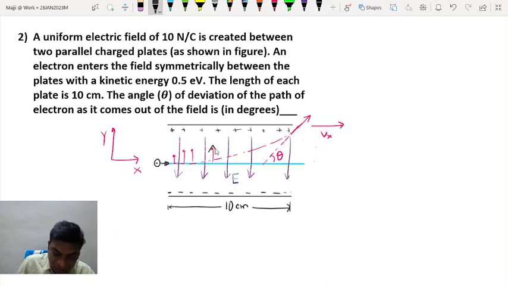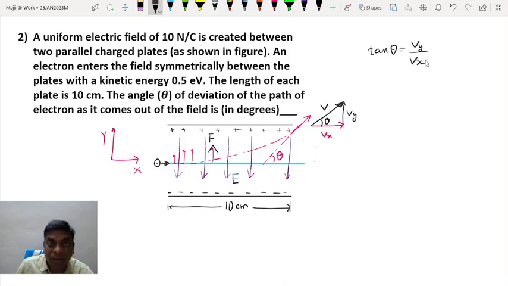So the electron, being a negatively charged particle, will experience a force in the opposite direction. So that results in gaining velocity along the y-axis. When it comes out with a certain velocity, then this is theta. So we can obtain tan theta if we know Vy and Vx. That is a fundamental thing to know.